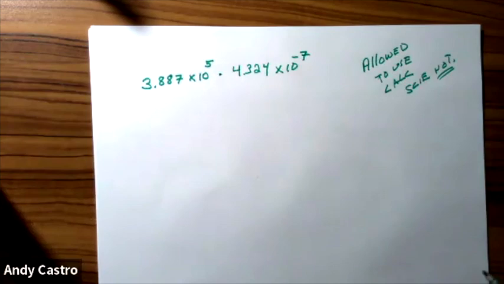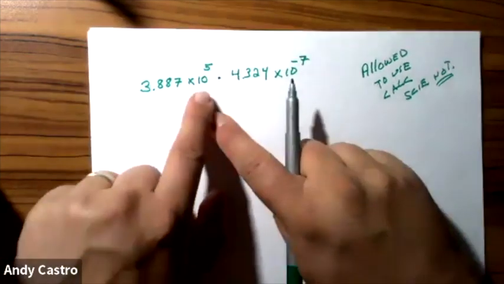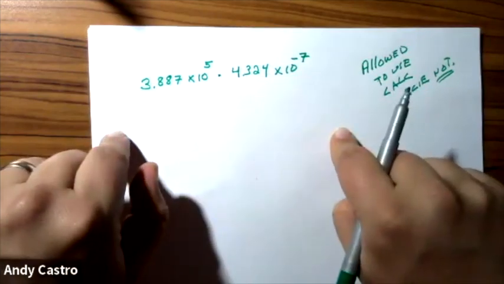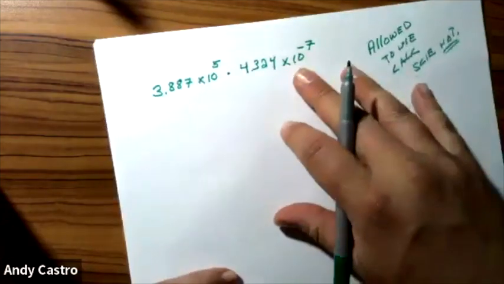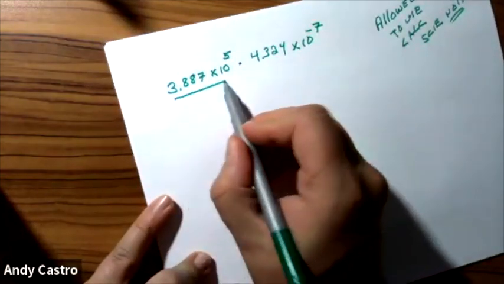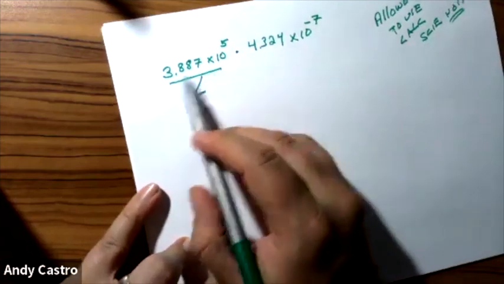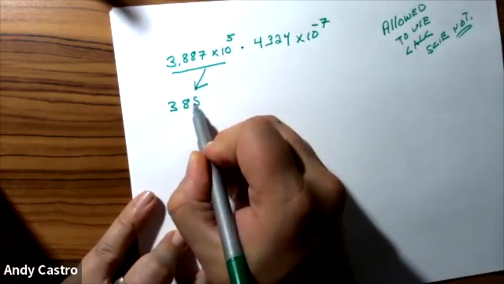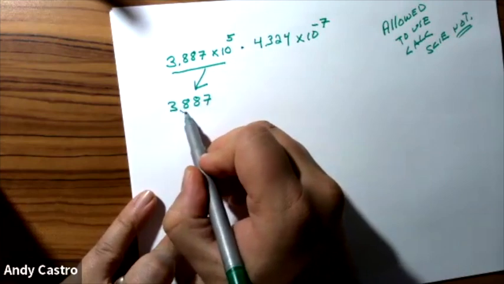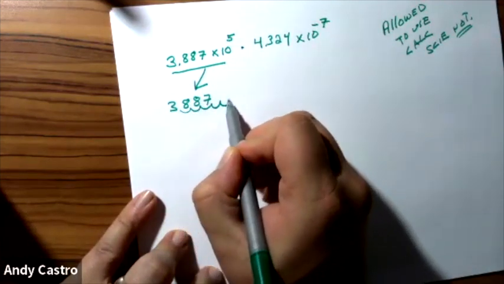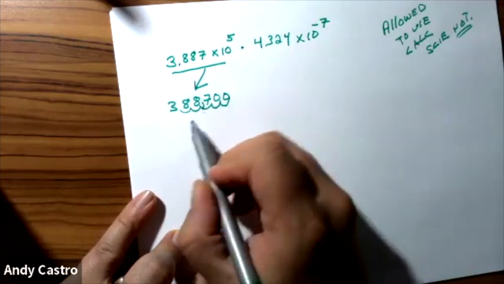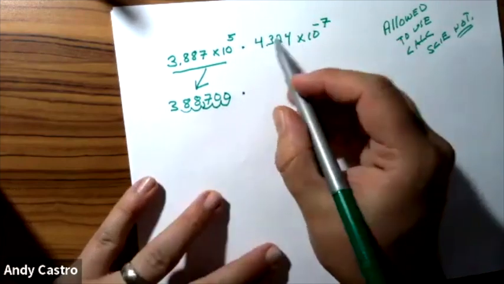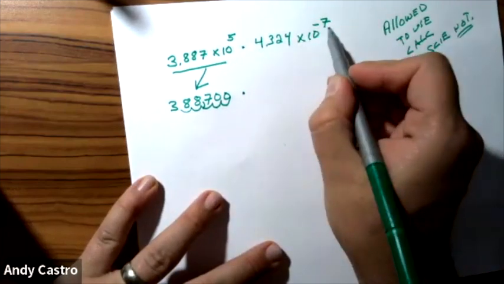All right. Now, if we were actually to convert these into their regular numbers and look at what we're dealing with, you would see why scientific notation was kind of developed. So first of all, if we take this one, 3.887, we're going to move that decimal point to the right 5. So 1, 2, 3, 4, 5. So 388,700 times. Now here we're going to go to the left 7 rather than the right.